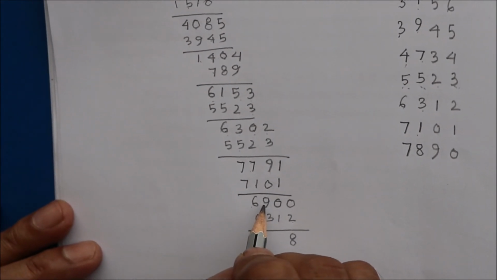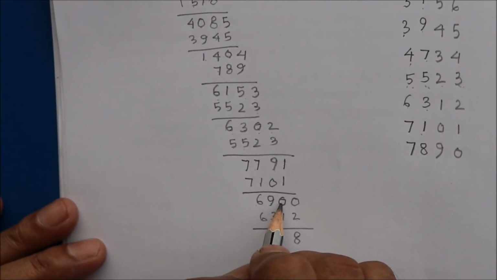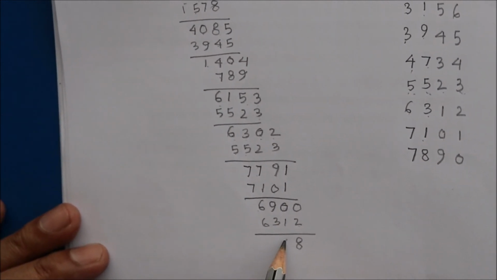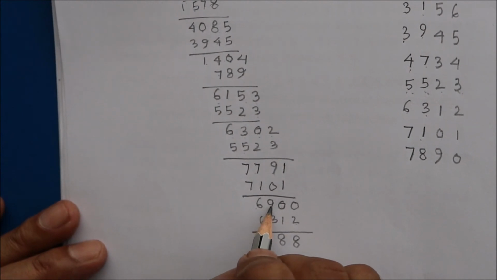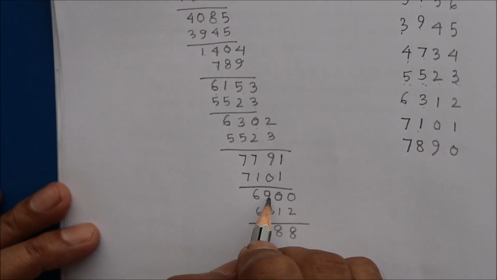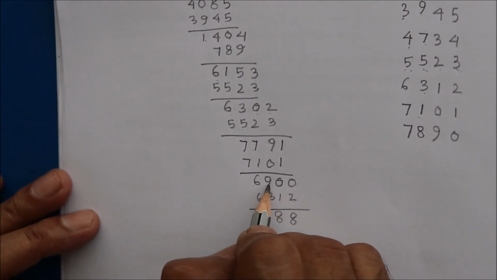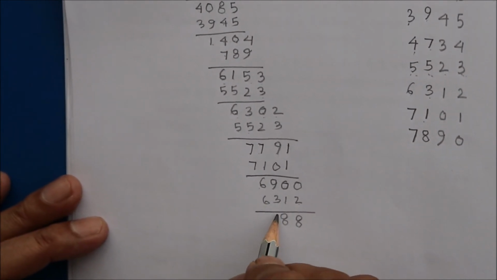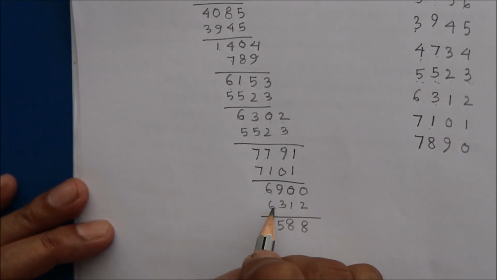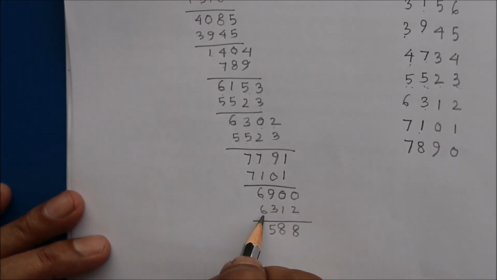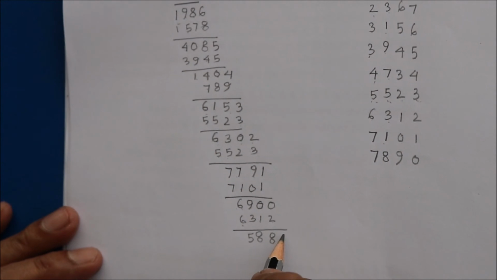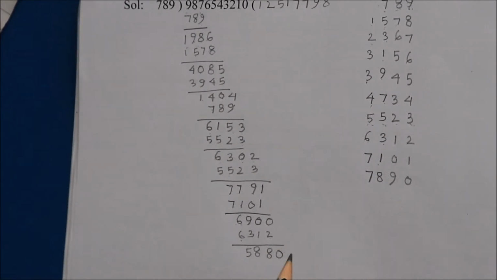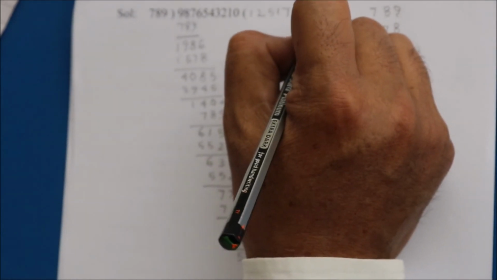Borrow 1 from 9. 0 becomes 10. 10 minus 1, 9. 9 minus 1, 8. 9 minus 1, 8. 8 minus 3, 5. 6 minus 6, 0. Bring down the... okay. Now we put here 0 and then put a decimal here.